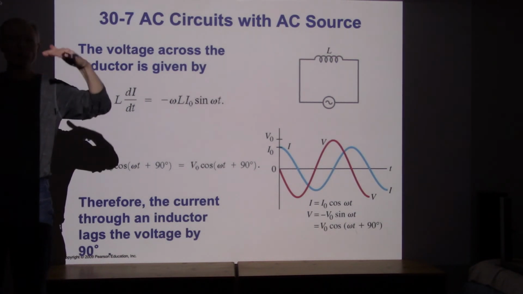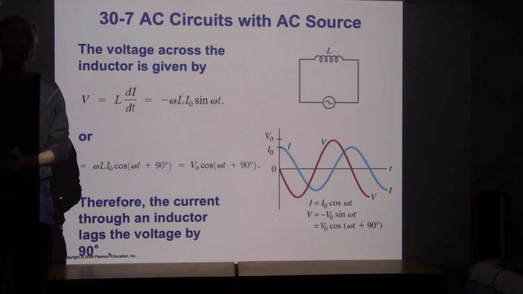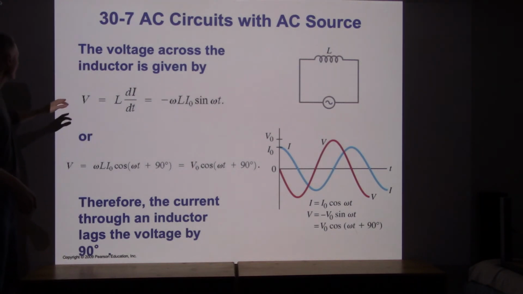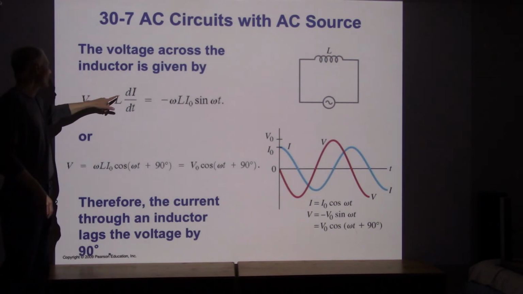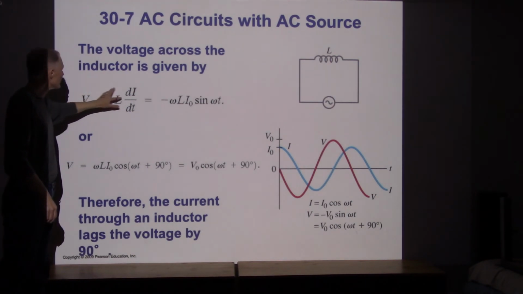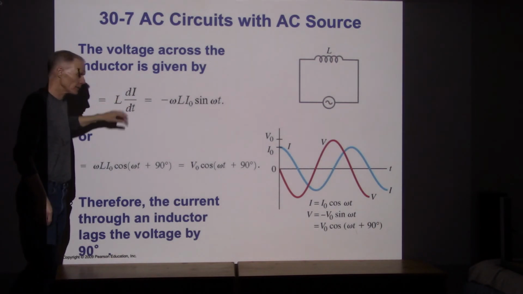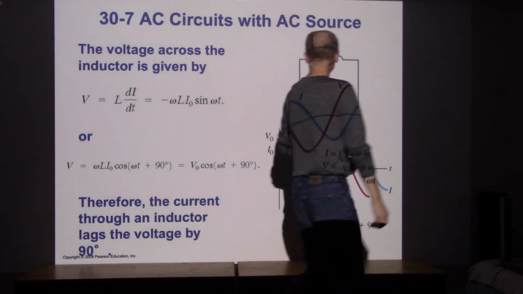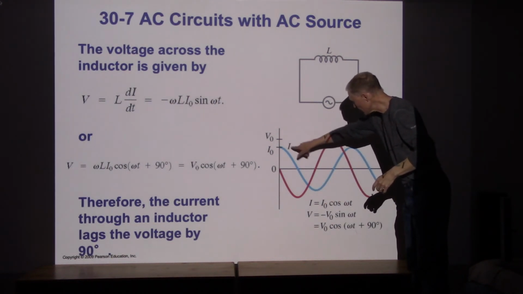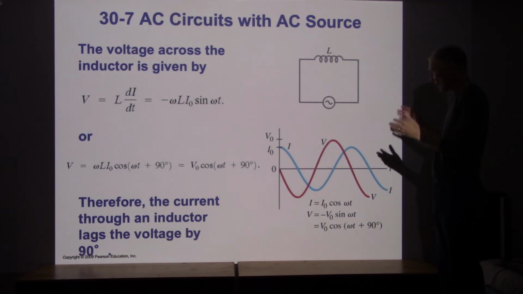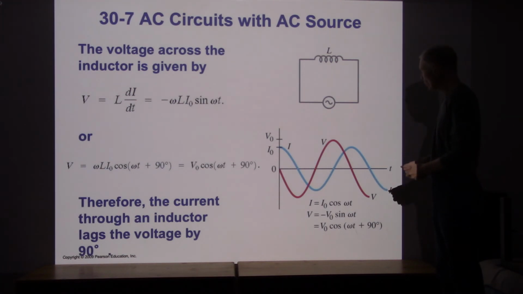So it's not the current and the voltage that are in phase with each other; the voltage is actually in phase with di dt. So what we have to do is take our current function, the blue line, as our reference that we're going to work from.